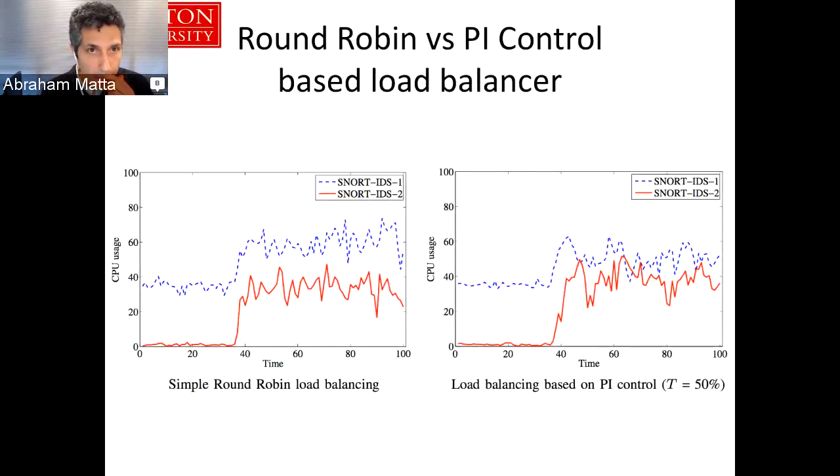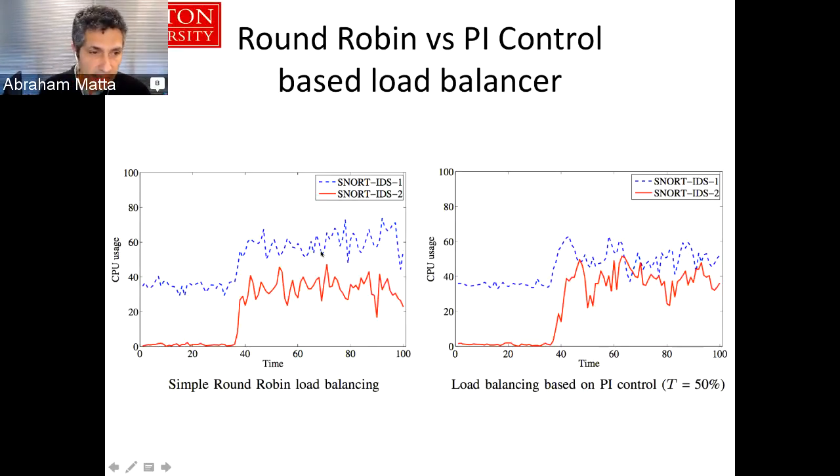This is the kind of graphs that we could get. The y-axis is the CPU load or usage versus time, and on the left you have the round robin. I started with a certain load already on the host running the first instance of snort, so the load is already unbalanced, and then I start sources sending traffic to the destination.